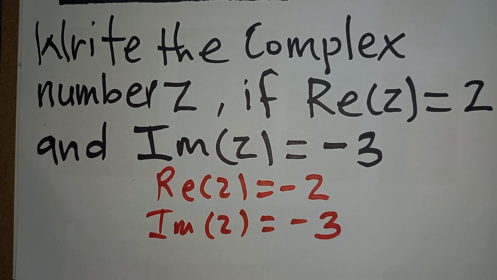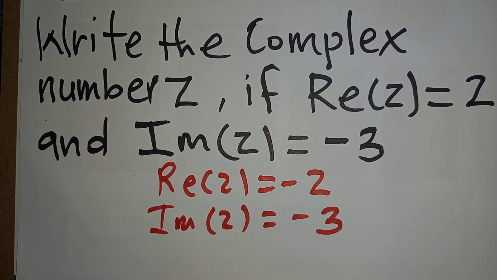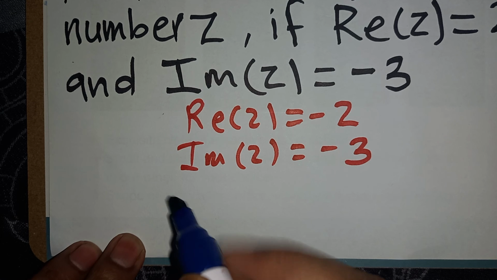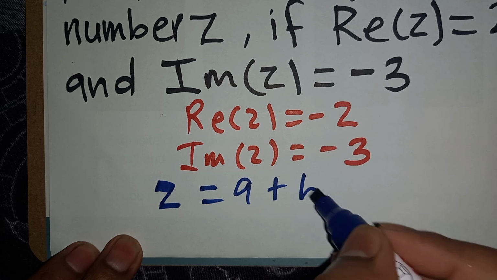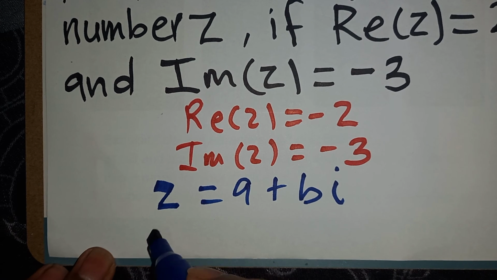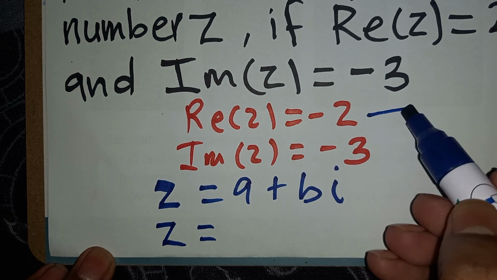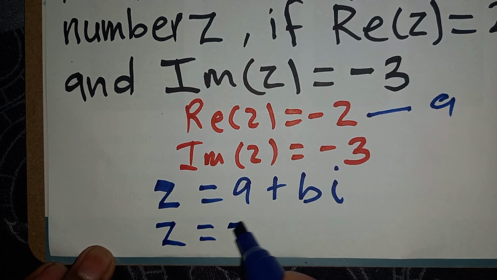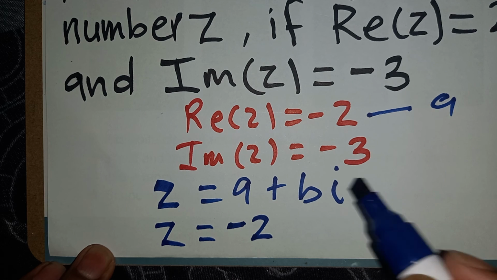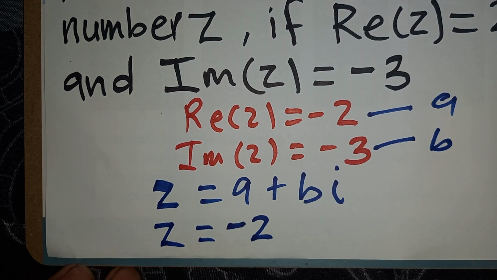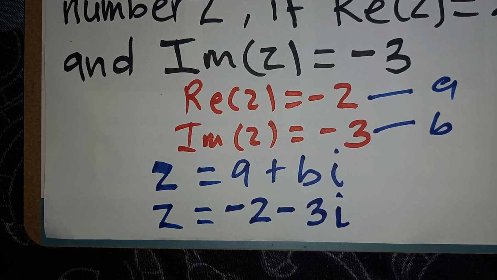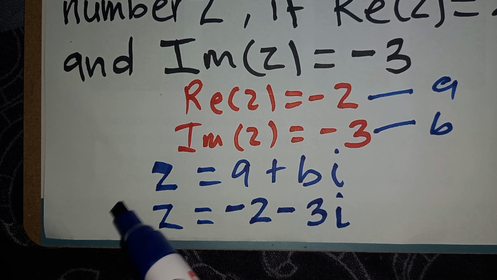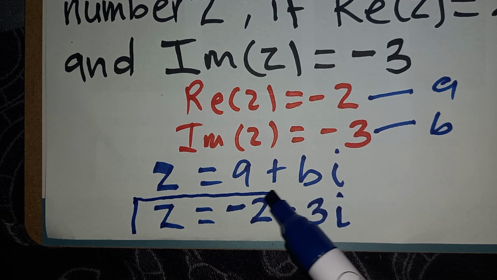Now we have to write this complex number z, right? So we know a complex number will be written as z is equal to a plus bi, right? Now z will be equal to, negative 2 is basically the value of a, so negative 2, and the value of b is negative 3, so it will be minus 3 and i is there. So this is our answer. This is what we should be writing.